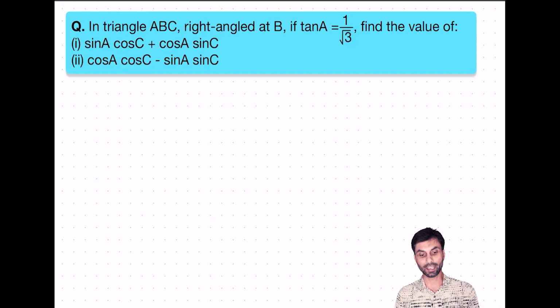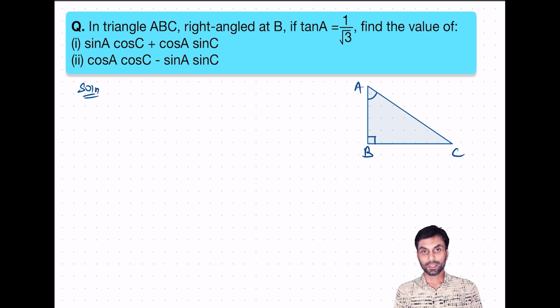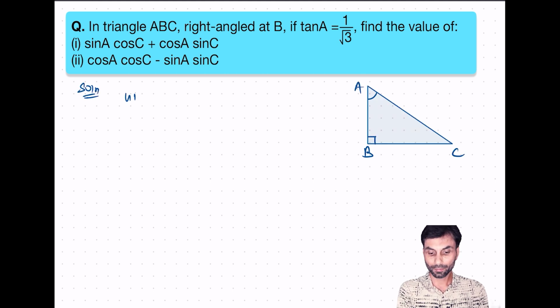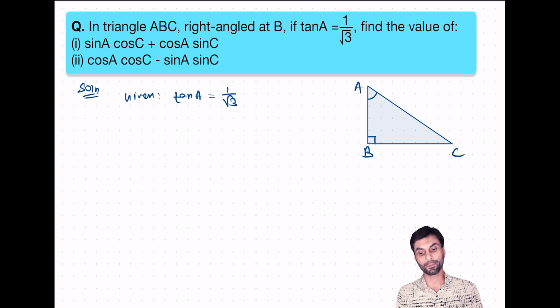Here what is given is that in triangle ABC, right angle at B, if tan A equals 1 upon root 3, find the value of first, sin A into cos C plus cos A into sin C, and second, cos A into cos C minus sin A into sin C. It is given that tan of angle A equals 1 upon root 3.